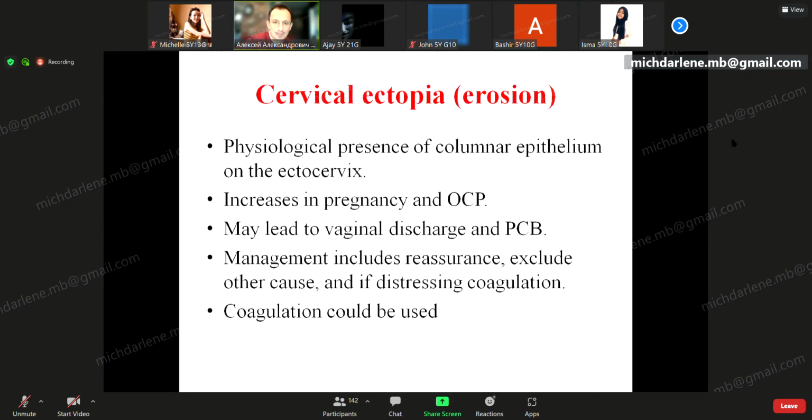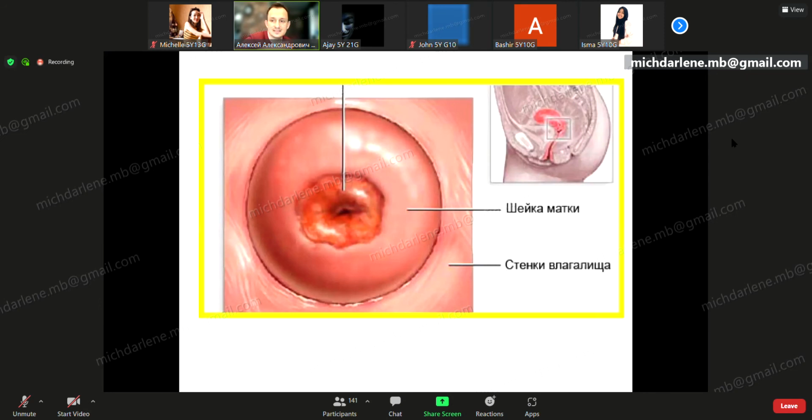Okay. The most common disorder which could be met during colposcopy. It's an absolutely normal condition, actually, but we name it ectopia. The old name of that disorder is erosion. What is it? Guys, it's just ectopia of columnar epithelium outside.